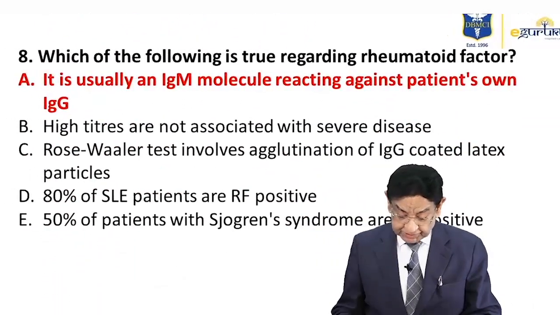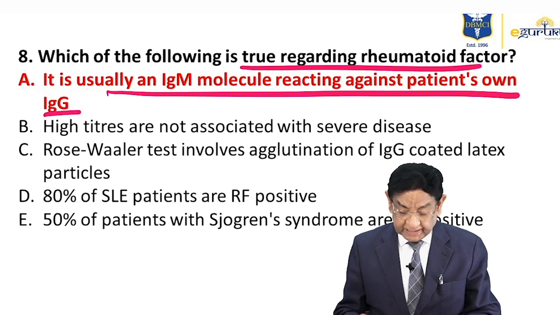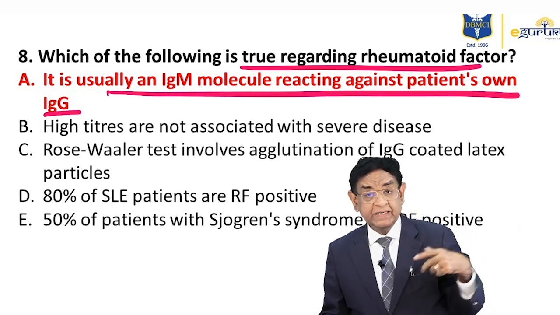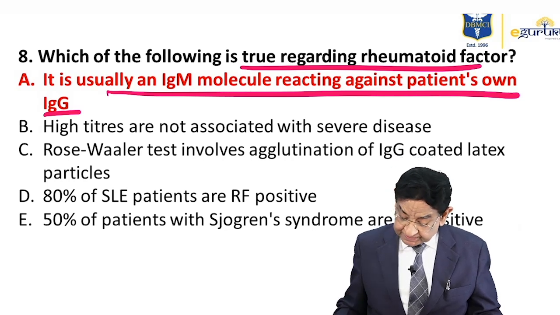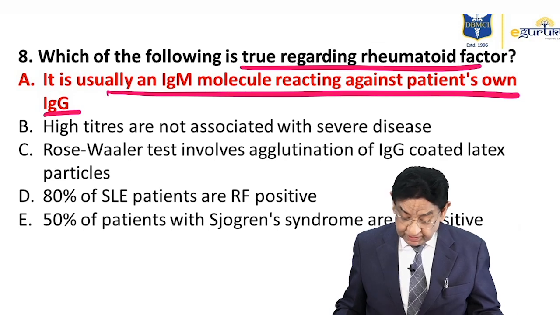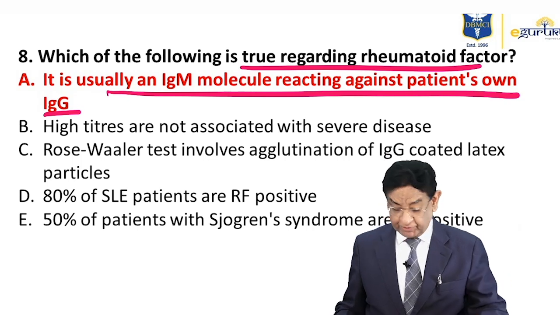One more question, same: true regarding rheumatoid factor, an IgM molecule against the own IgG. The patient has his own IgG and IgM antibodies are there. Let's look into the other options also, since it is a very important question.